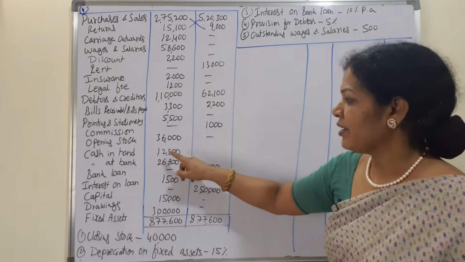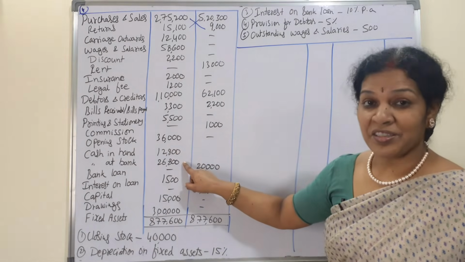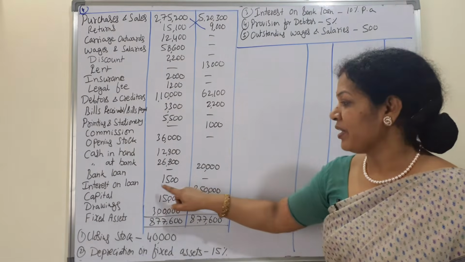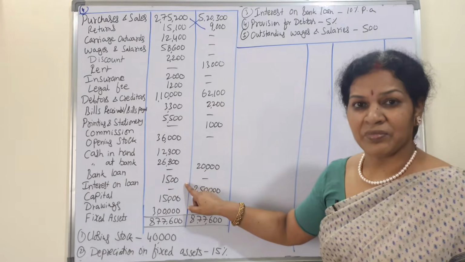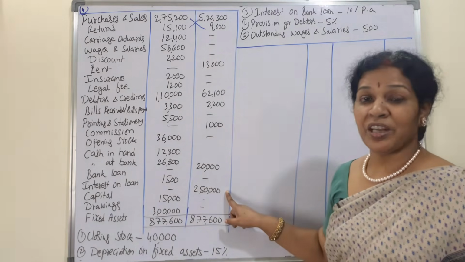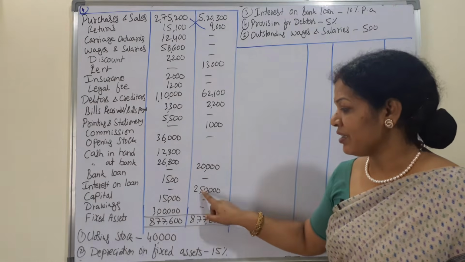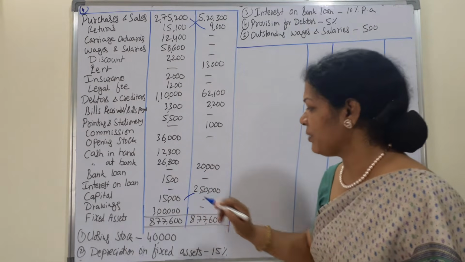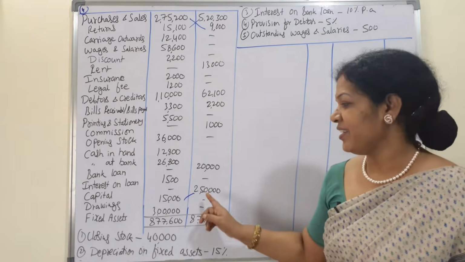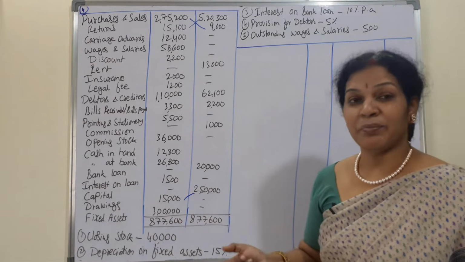Cash in hand and cash at bank are balance sheet assets, first items. Bank loan, balance sheet liability. Interest on loan, debit side of P&L account. Capital is a balance sheet liability. Drawings are to be deducted from capital. Next, fixed assets, balance sheet asset.